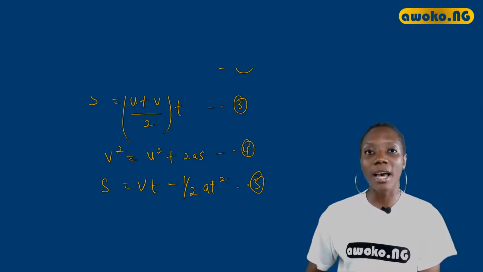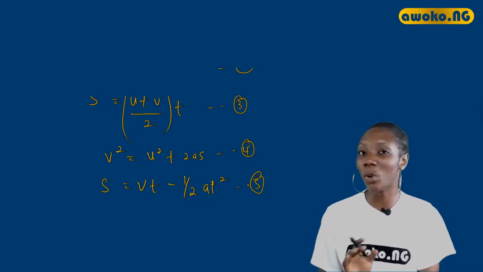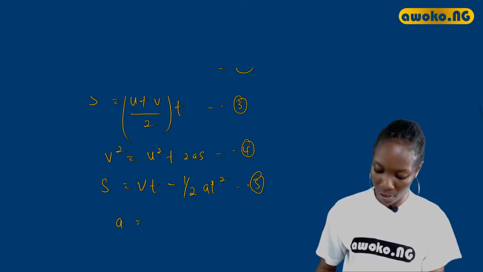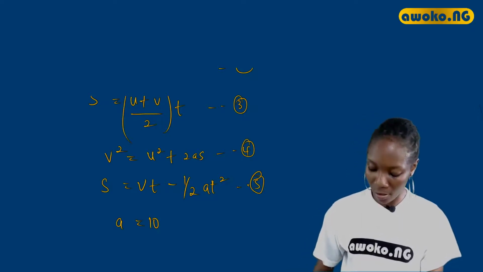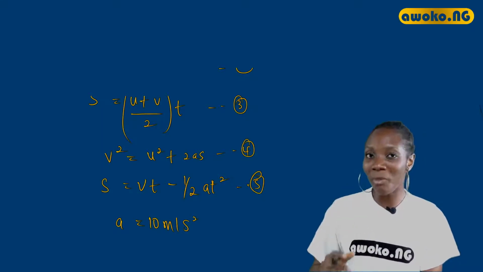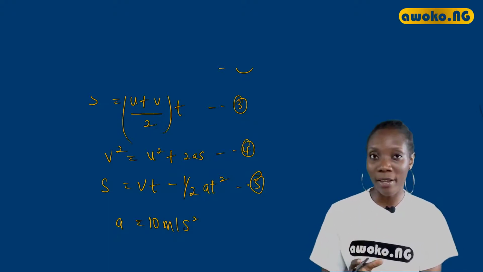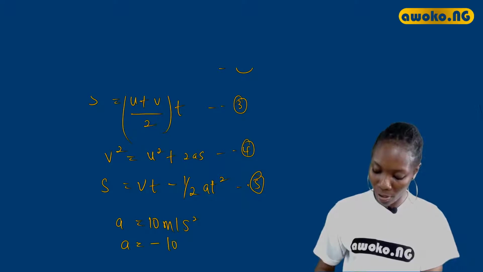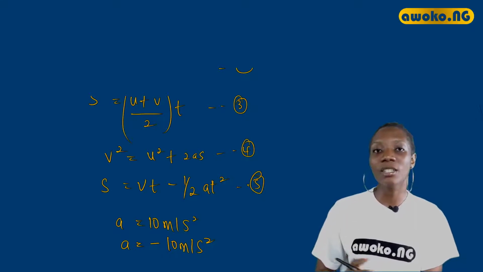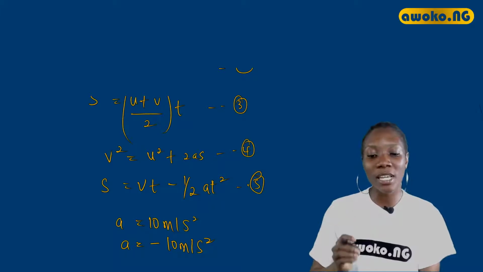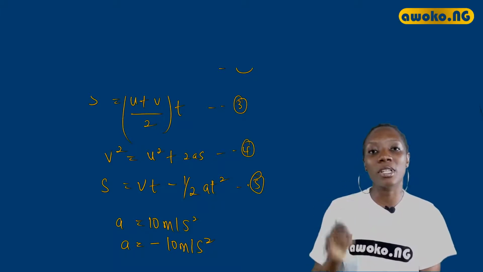Take note that the acceleration could be positive or negative. Okay, for instance, if acceleration a is given as 10 meters per second squared, the acceleration will be 10 meters per second squared. However, if it is given as a equals minus 10 meters per second squared, then you have to indicate it is equal to minus 10 meters per second squared.